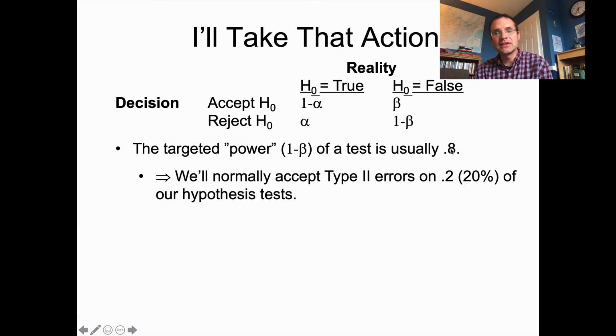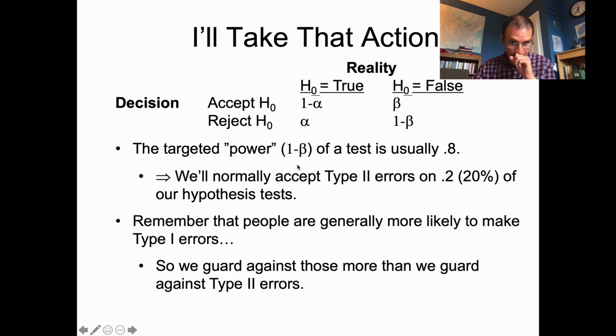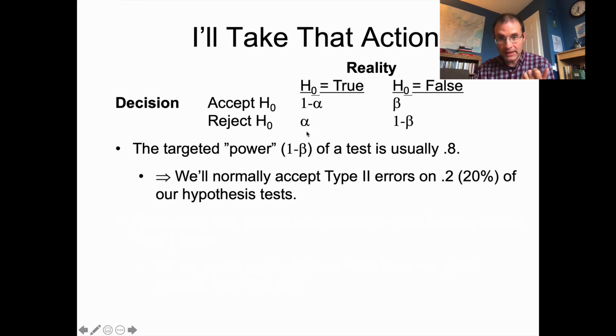But since 1 minus beta and beta have to add up to 1, we'll accept type 2 errors on 0.2 of our hypothesis tests, which means 20%. So basically, 5% of the time we'll make alpha mistakes, false alarm mistakes, and 20% of the time we'll make miss mistakes. So 5% of the time we'll have false positives, 20% of the time we'll have false negatives.